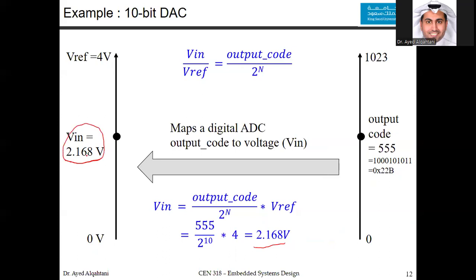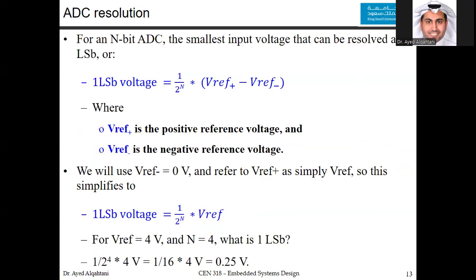We lost some of the value here. So this is actually related to the resolution or the precision. The number of levels directly affects the amount you lose when you convert back and forth. If you want more resolution, you should increase the number of levels. So to understand the idea of resolution, we will find it out for an n-bit ADC.